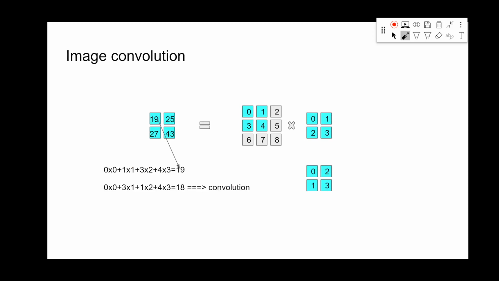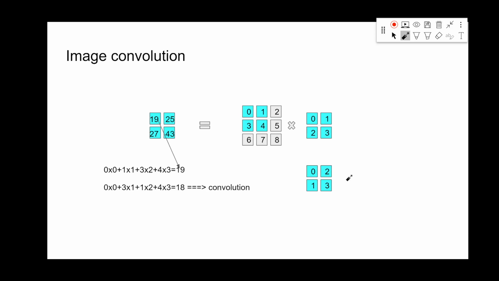And why can we do that? We can mix the cross correlation and the convolution, and we can use an example to show why.